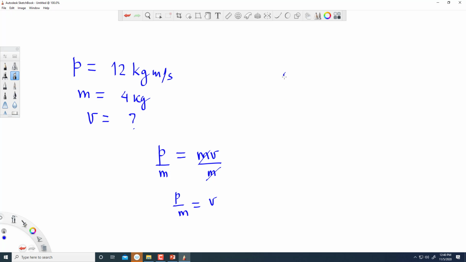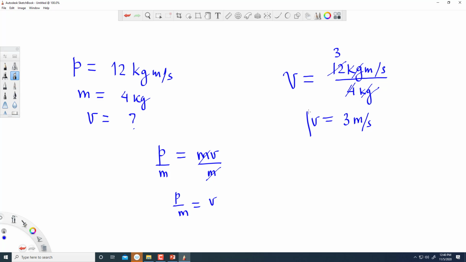So v is momentum over mass, 12 kilogram meters per second over the mass, which is 4 kilograms. 4 times 3 is 12, so 3, and kilograms cancel, leaving meters per second.